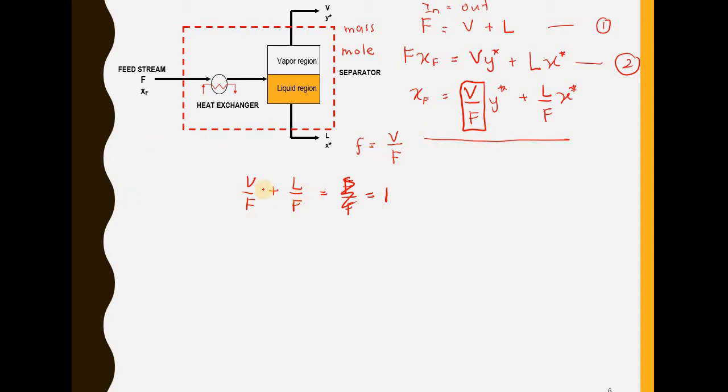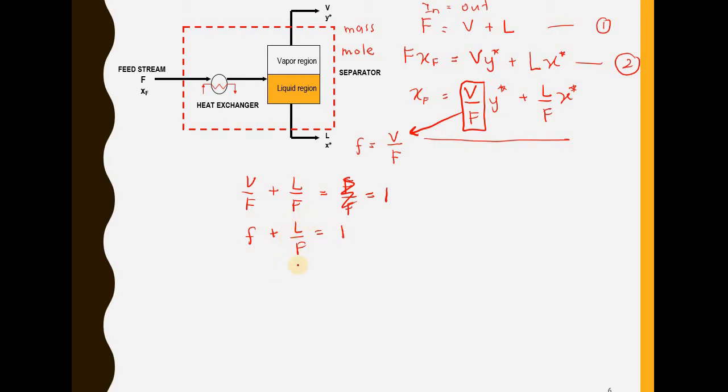So just now, this one I changed into f, I denote it as f. Next, I will change L over F into another form. So V over F, which now is f, plus L over F is equal to 1.